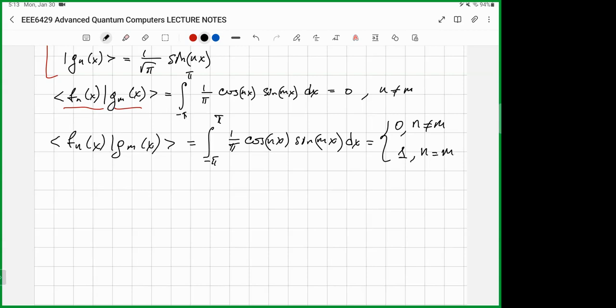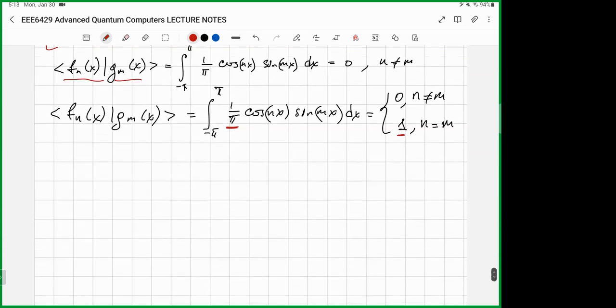That's why we have this normalization coefficient 1 over pi. Then you divide both parts by pi, and you get this 1 here.